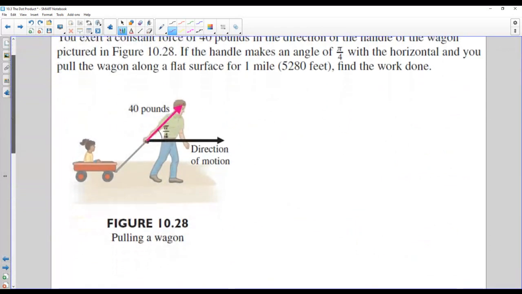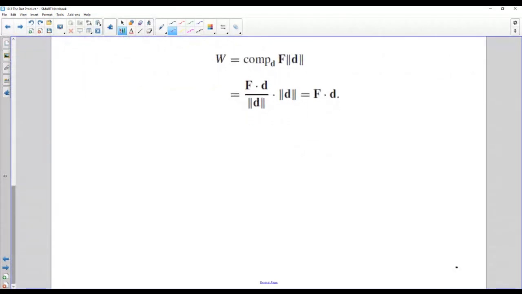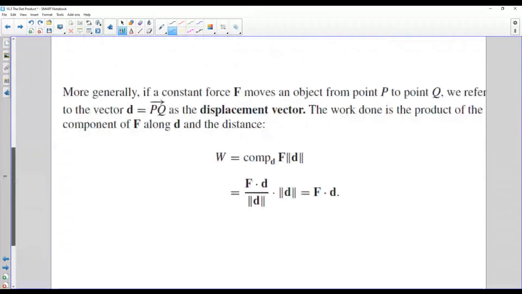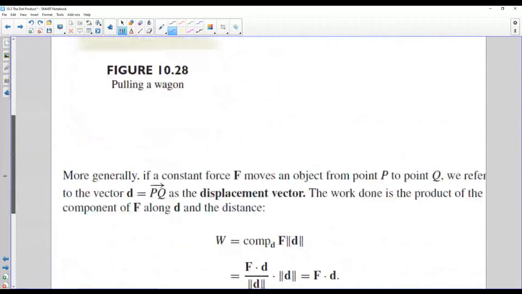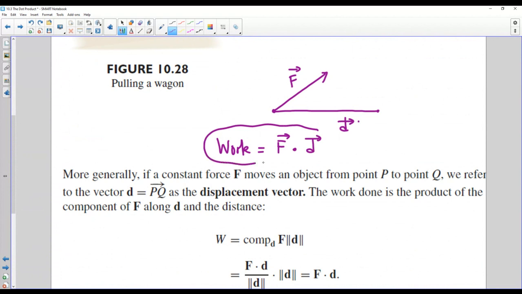One last thing here is the work done by a force. If you have a certain force F, which is moving something in a certain direction D, like that, then the work done by this force is just the dot product of F with D, like that.